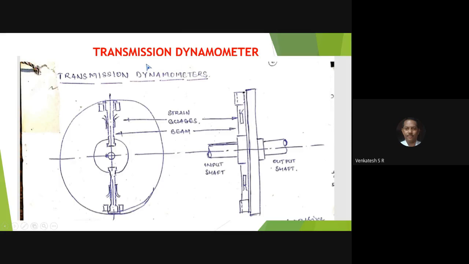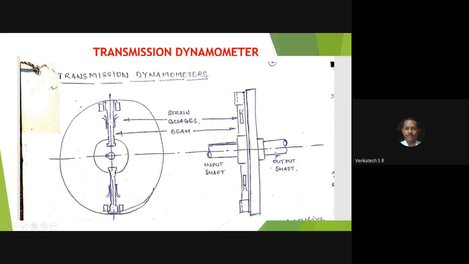Usually, this type of transmission dynamometer is used in workshops, machine shops and large power plants, because you cannot directly measure the speed of the engine or the motor which is coupled to another shaft. From that you can measure the speed of the shaft.